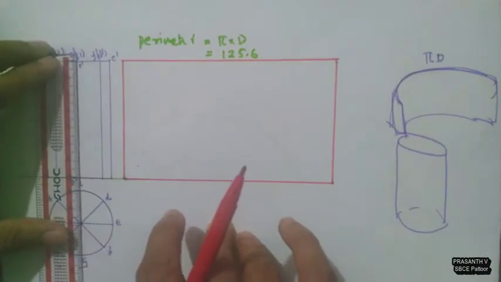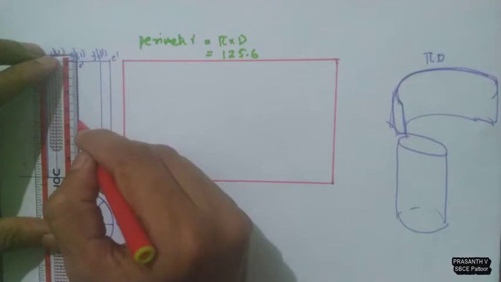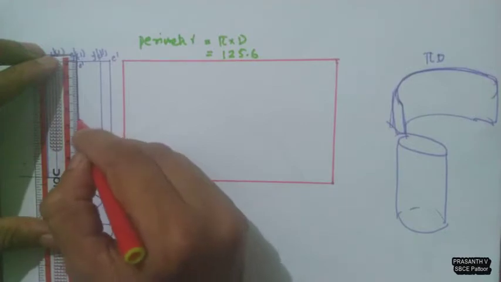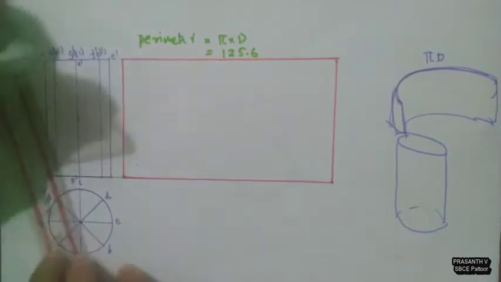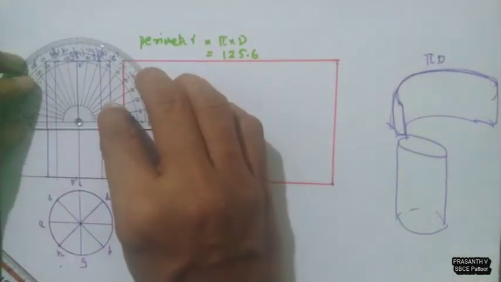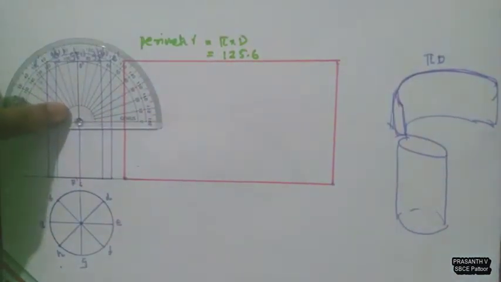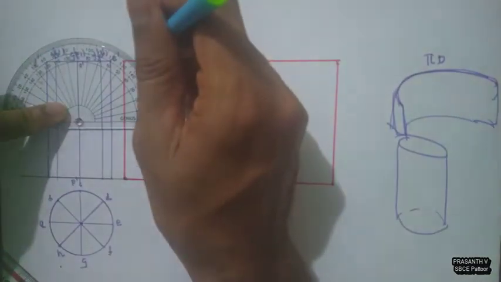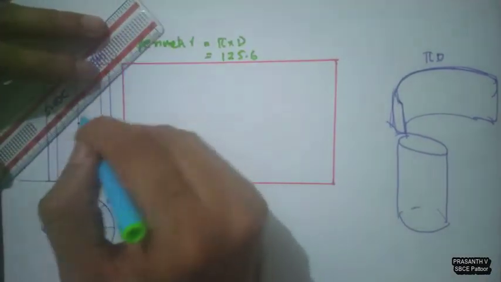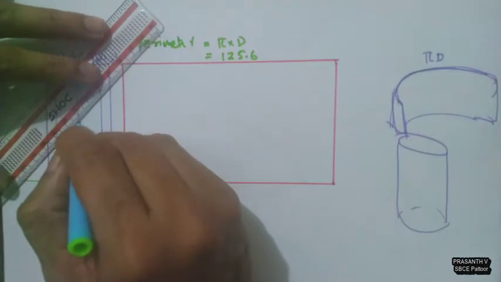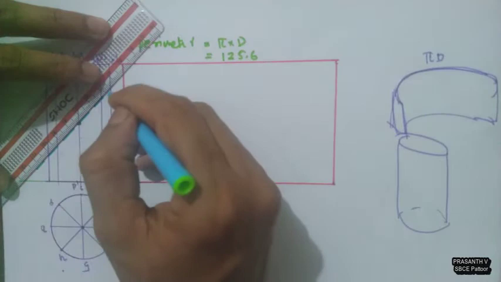So before that we can draw the section plane through the midpoint of the axis at an angle of 45 degrees.